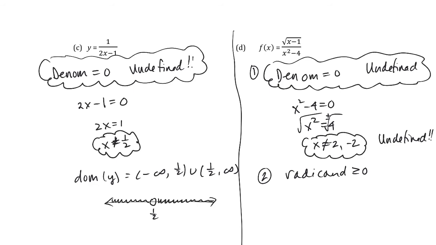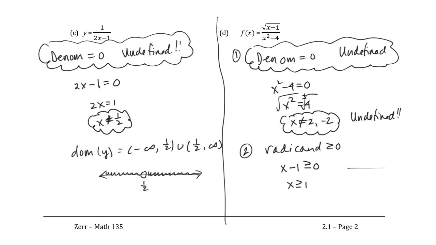All right, now let's look at the radicand. The radicand is under the square root, so that can be equal to 0. We can take a square root of 0 or any positive number. So x is greater than or equal to 1. Okay, so if I was going to look at this, here I am at 1.